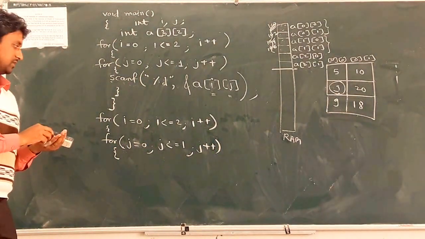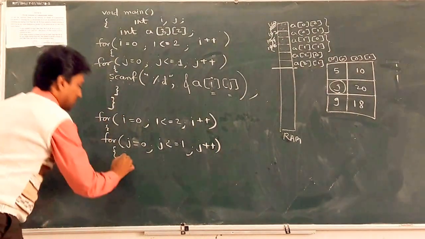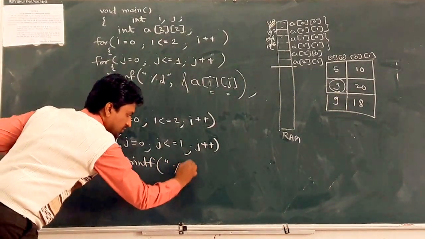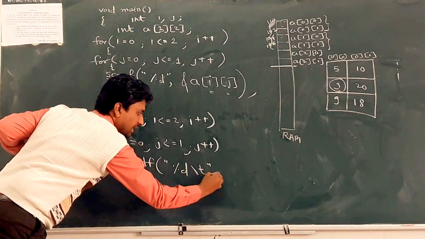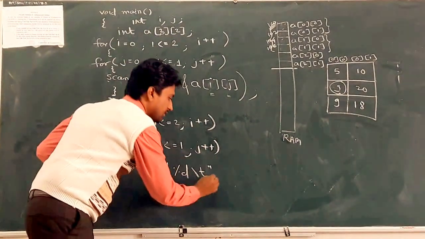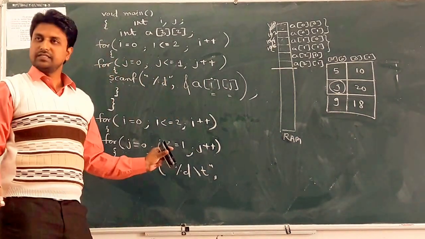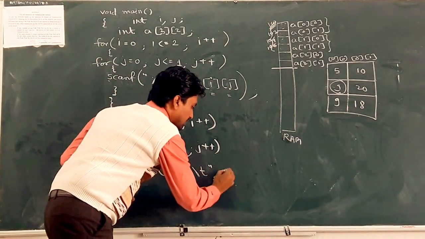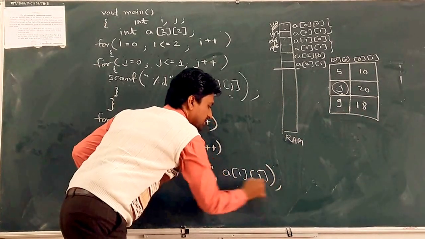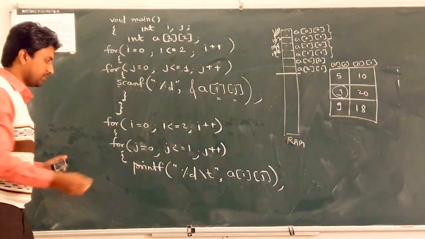Next, display: printf %d \t for tab, so 4 spaces are there in between. Then A of i j, whatever element is at position i j, print it.